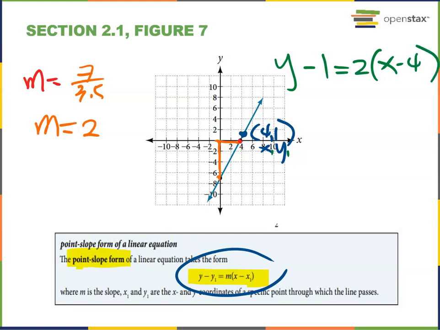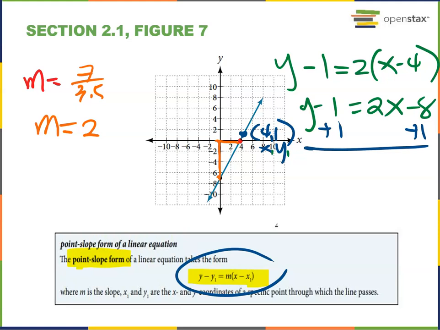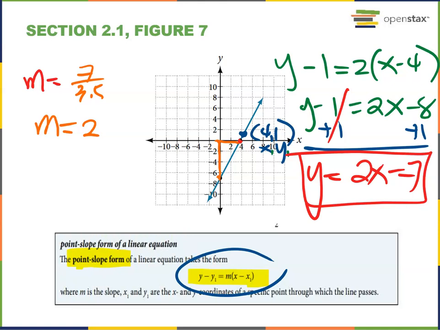And then simplify. Distribute: 2 times x is 2x, 2 times negative 4 is negative 8, and then add 1 to both sides. So y is equal to 2x minus 7. So this is the equation of that line, by using the point slope form.